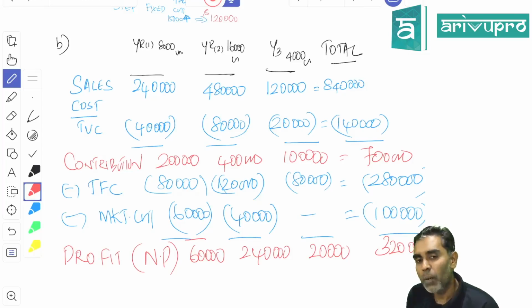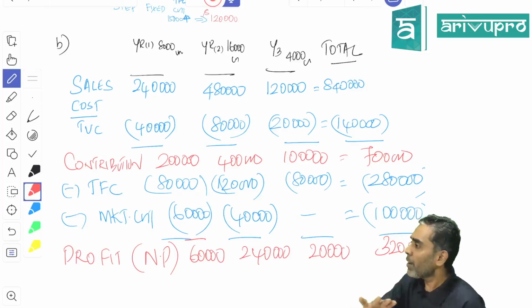Here in Excel it is only addition and subtractions. Better do it in Excel. You know why? Since you are going to do the exams on your computer, better try it in Excel itself. But in management accounting, it will not help you much for the calculation part, addition, subtraction.